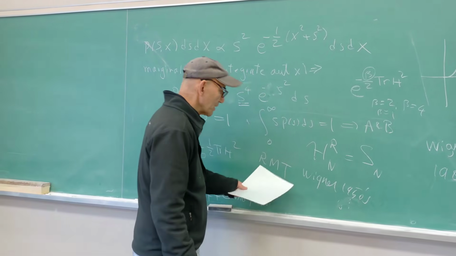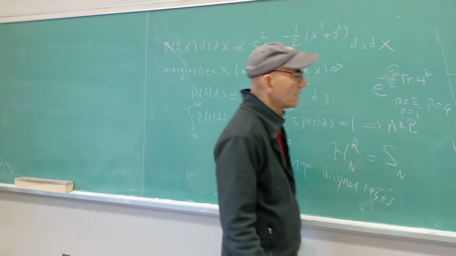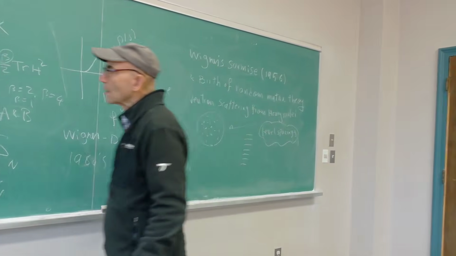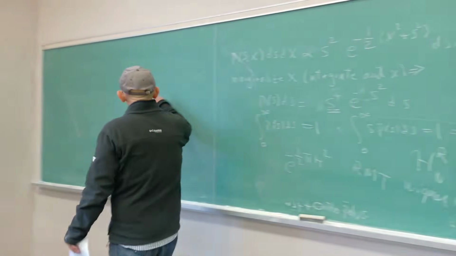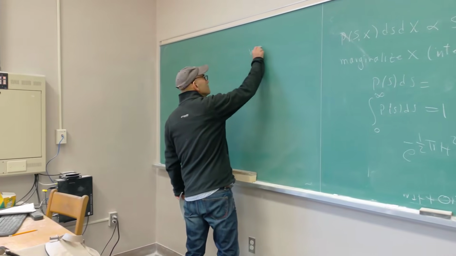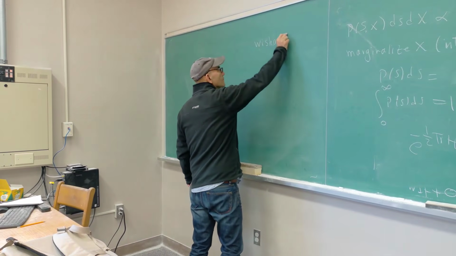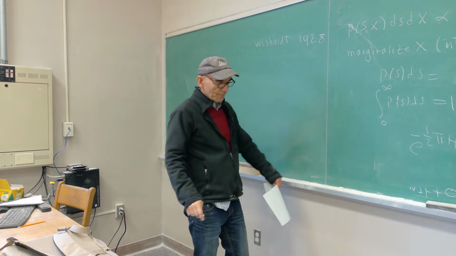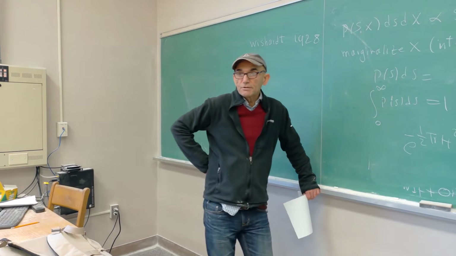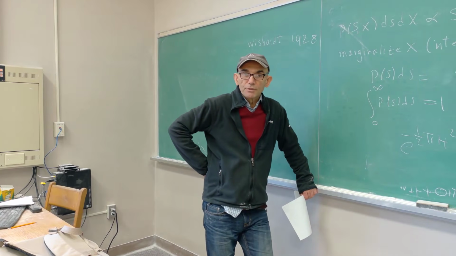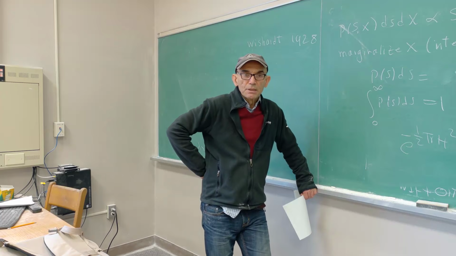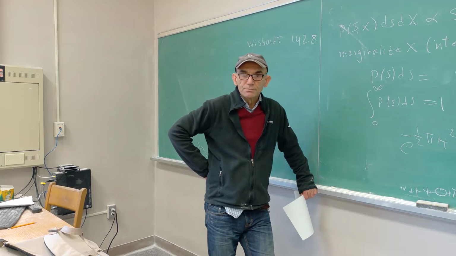But before that there was another guy, a British guy, Wishart, in 1928. He has also a very famous paper. Wishart was a very good statistician working for the Department of Agriculture. He wanted to know the correlations between different crops in each year.